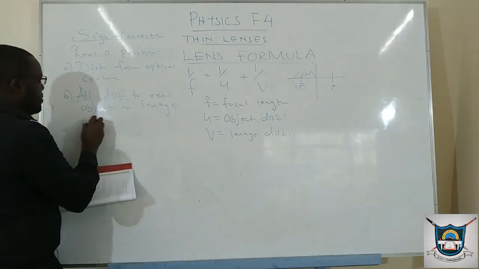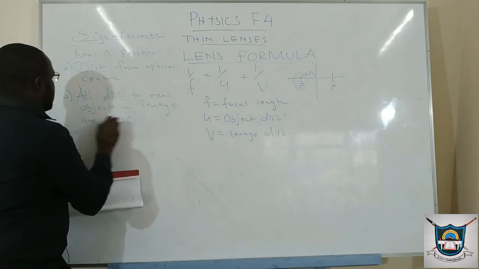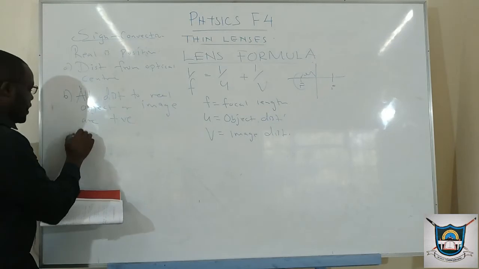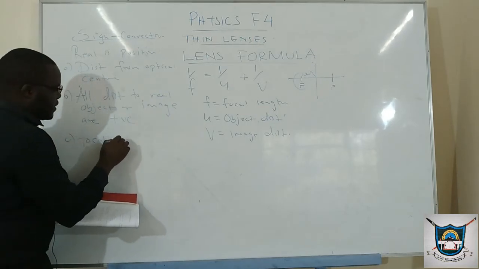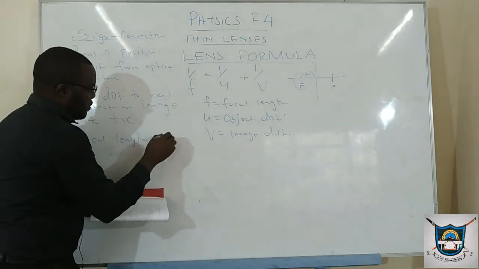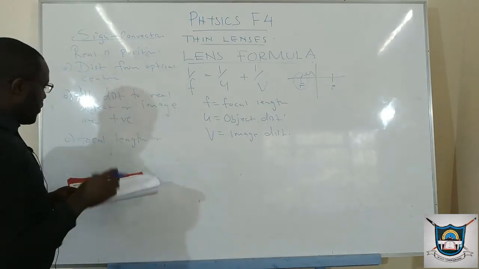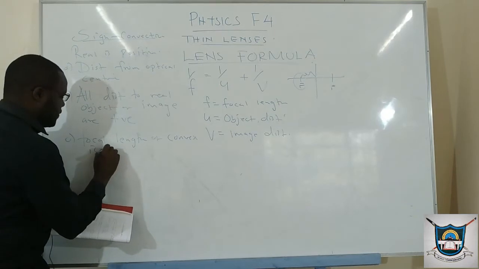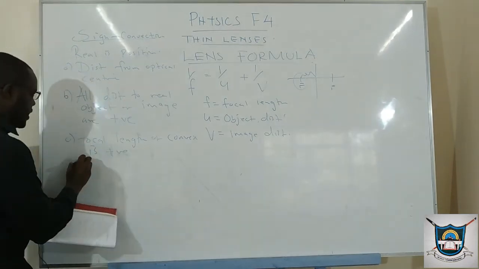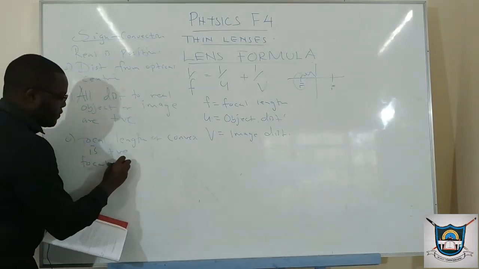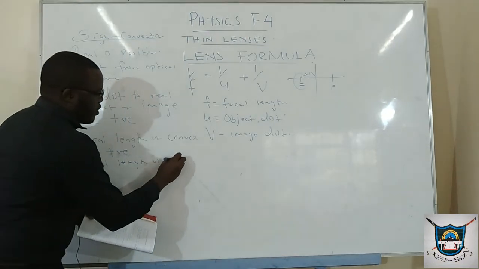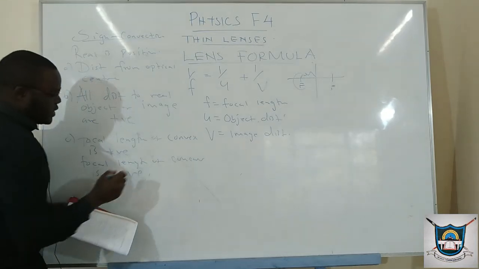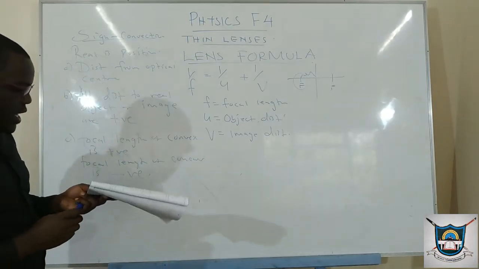Finally, number C, the focal length of a convex lens is positive, but the focal length of a concave lens is said to be always negative.